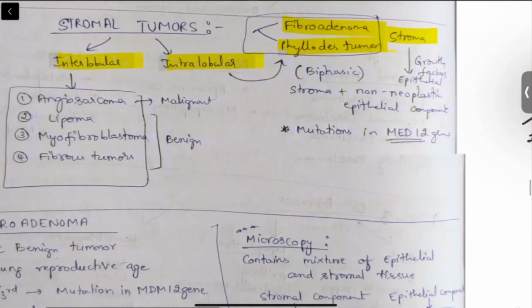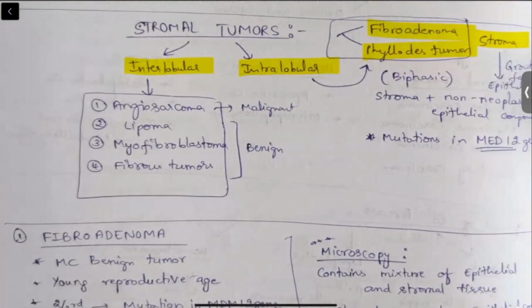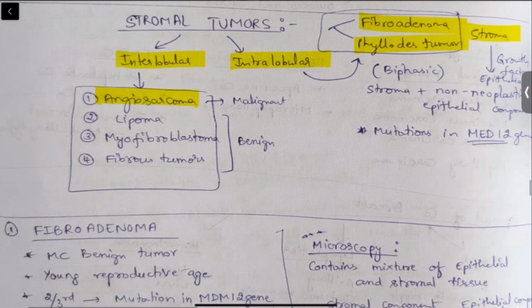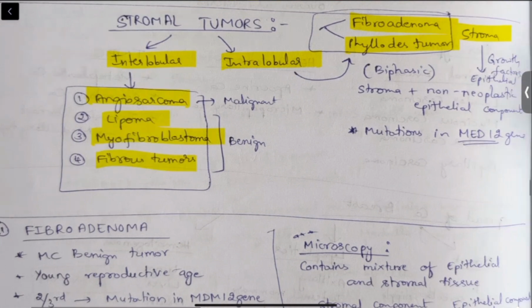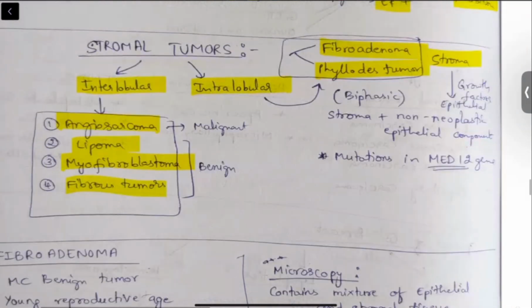Okay, so again the same old classification. Interlobular, most common diseases are angiosarcoma, which is a malignant tumor, lipoma or myofibroblastoma or fibrous tumors. Intralobular being fibroadenoma and Phyllodes tumor, these two are the most important ones.